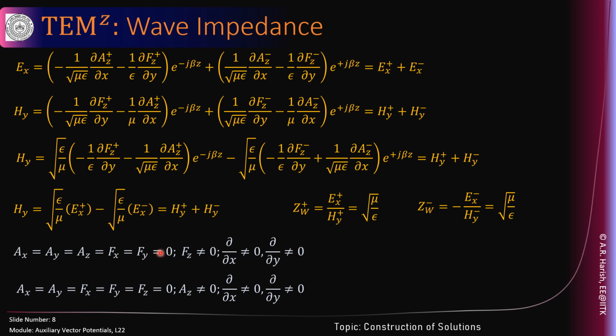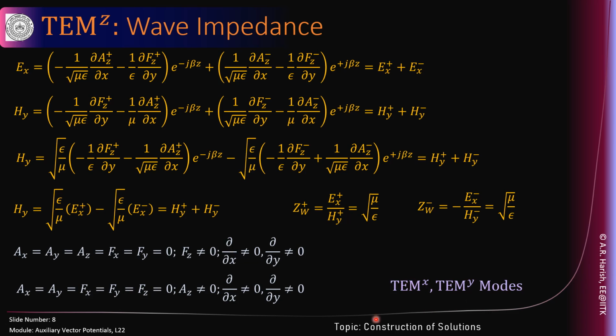I would like to leave this as an exercise. Instead of choosing the previous combination for Ax, Ay, and Fx, Fy all going to 0, if I choose Ax equal to Ay equal to Fx equal to Fy equal to 0 and Fz not equal to 0, or Az not equal to 0 but all other components going to 0, prove that it also gives the TEM to Z solution only.